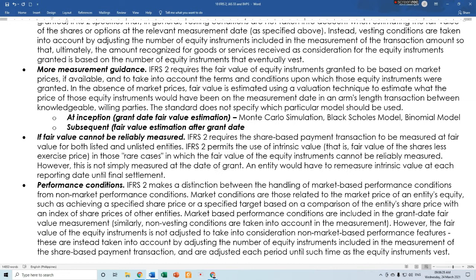The reason kung bakit natin kailangan tong gamitin kasi there is a possibility na wala talagang fair value on grant date. So sabihin na natin may limitation talaga as to how we can compute it on grant date. So what we are going to do is to rely on subsequent events that is going to be the basis of our fair value. So, ang gagawin mo dito, intrinsic value method.